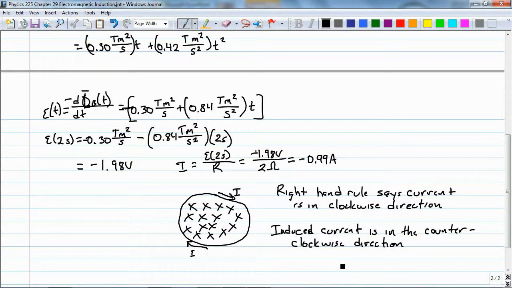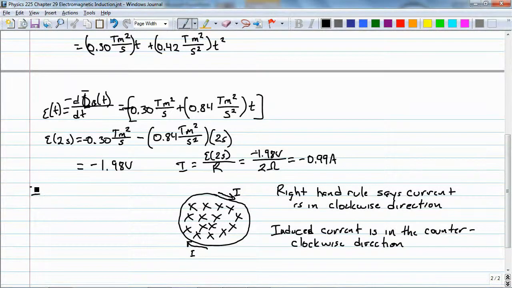So what are we doing here? Well, we're saying that if I had a current, this I, flowing in a wire loop, then the magnetic field would be in this direction.